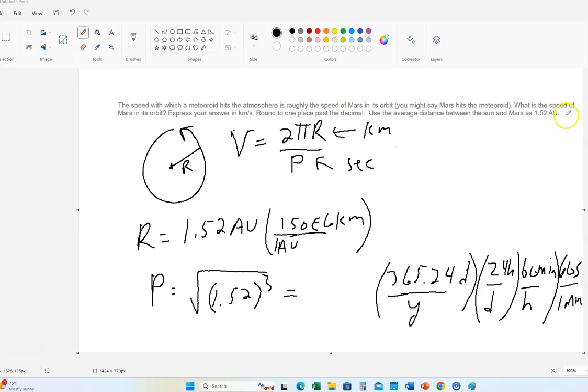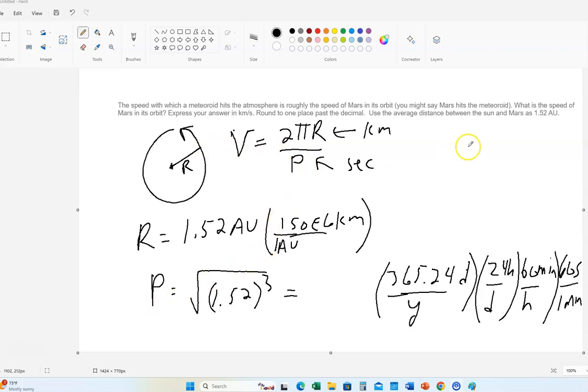We're going to use the average distance that Mars is from the sun, 1.52 astronomical units. So this is the idea. The velocity is going to be 2 pi times the radius. Why is that? Because that's the circumference, the distance that Mars has to travel in its almost circular orbit, and the period has to be turned into seconds.